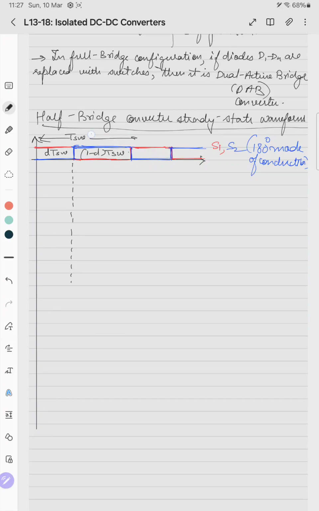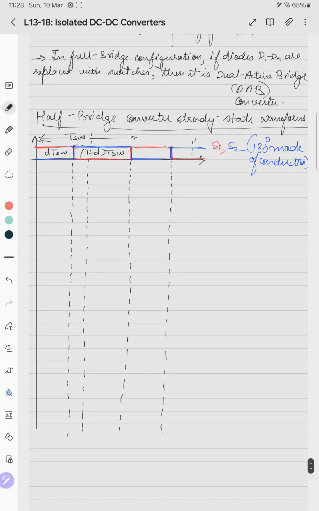And here it is T switching by 2. This is T switching by 2.